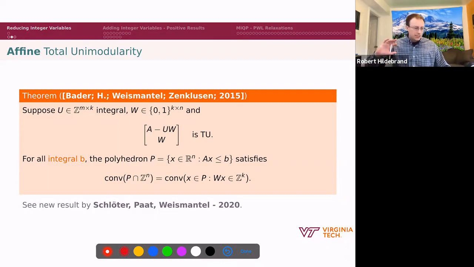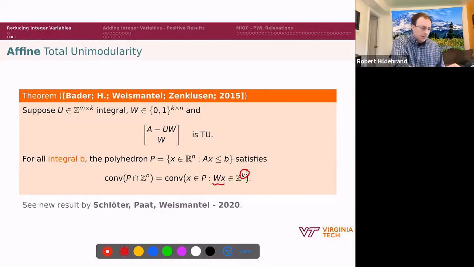So what you can do is you can actually extend this theorem, and you can say, well, suppose I have k integer variables, and I insist that I have some linear transformation that's going to live in my integer space. Under what scenarios can I argue that I will actually get the convex hull?